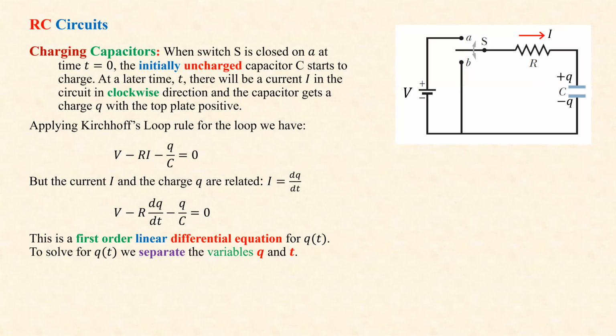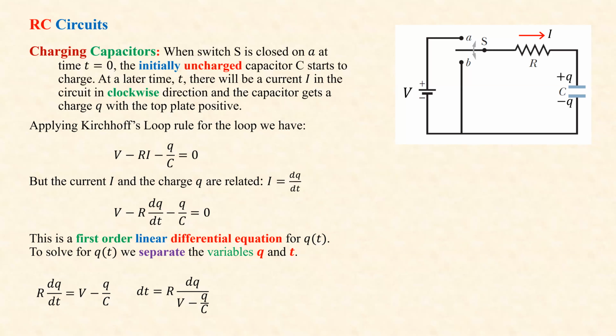So if we move V and Q over C to the other side, then we have dQ/dt, and then we can put dt on this side, all of these on the other side. So dt equals R dQ divided by V minus Q over C.